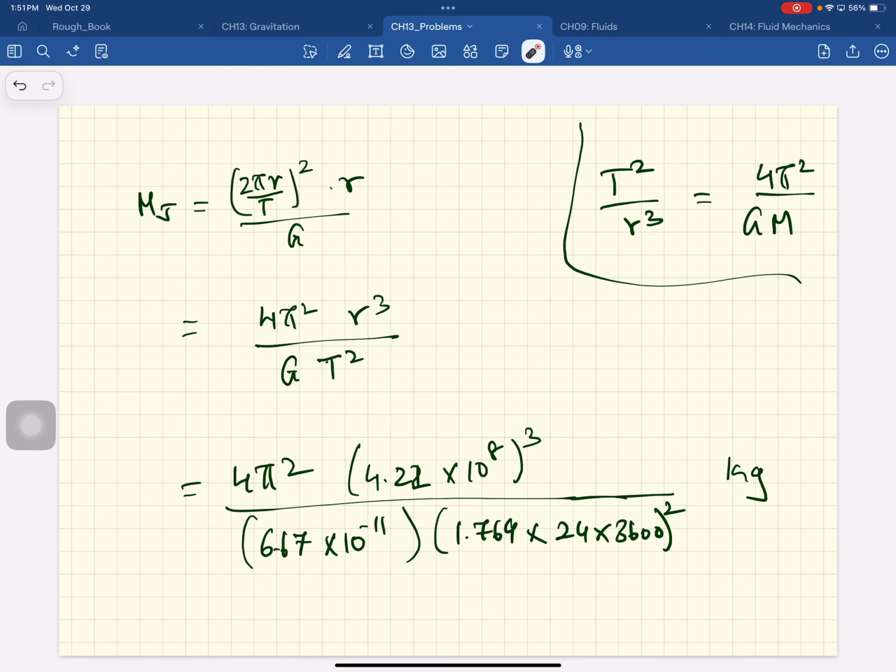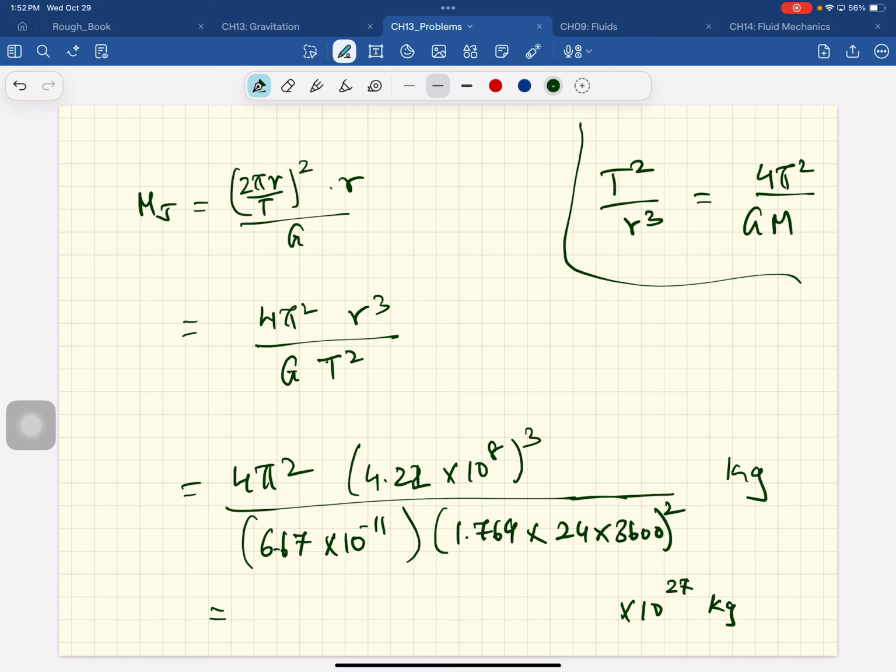So Jupiter's mass should come out to be somewhere in the 10 to the 26 or 10 to the 27. That's 24. I'll make this 3.6. 4 squared is 8. 8 minus 11 is minus 3. And 24 plus 3 is 27. So we are in the right ballpark.